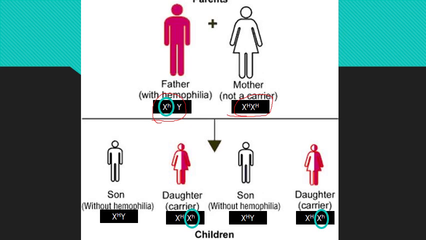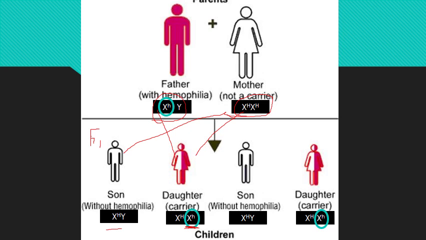So looking down at the F1 generation here, you've got the son without haemophilia because he has got the X from his mother, and regardless of which X he gets, neither one will have the haemophilia gene on it. And then the female daughter here will get an X from the mother and an X from the father, therefore she will be a carrier for haemophilia.